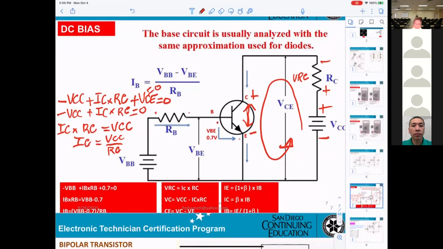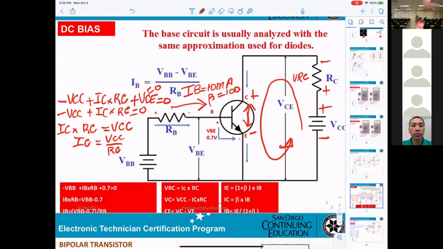We're talking about DC amplification. What does that mean? You get a current IB equal 10 milliamp, for example, and they give you beta equal 100.